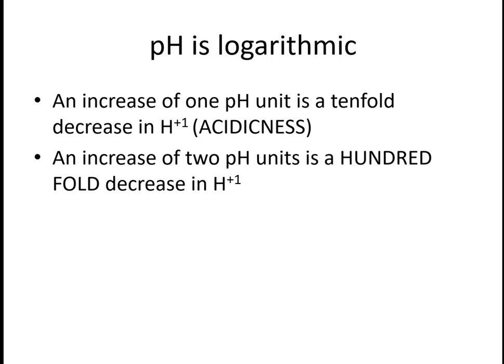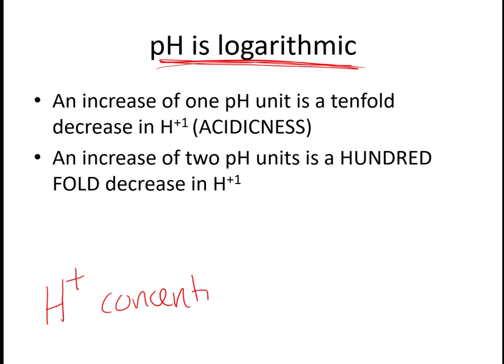But the pH scale is a little weird. It's logarithmic. Okay? It is actually the measurement of hydrogen ion concentration. You may see this shown like this sometimes. Oftentimes when we have an ion in brackets, it's denoting its concentration.